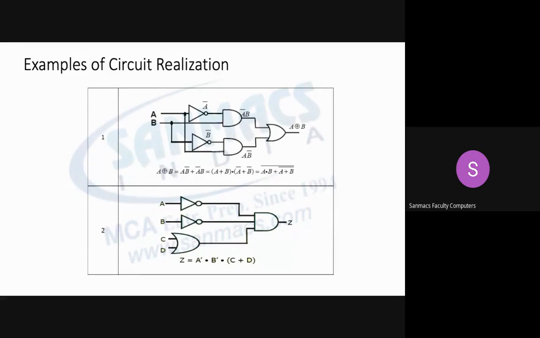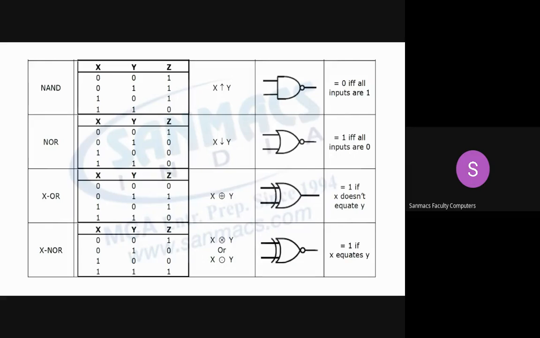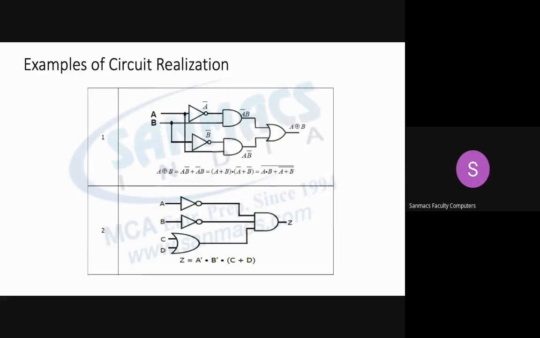One thing to note here is that in XOR, we basically use the plus sign with the circle, right? So in the first diagram, we are basically showing a logic gate circuit diagram for the XOR logic gate.